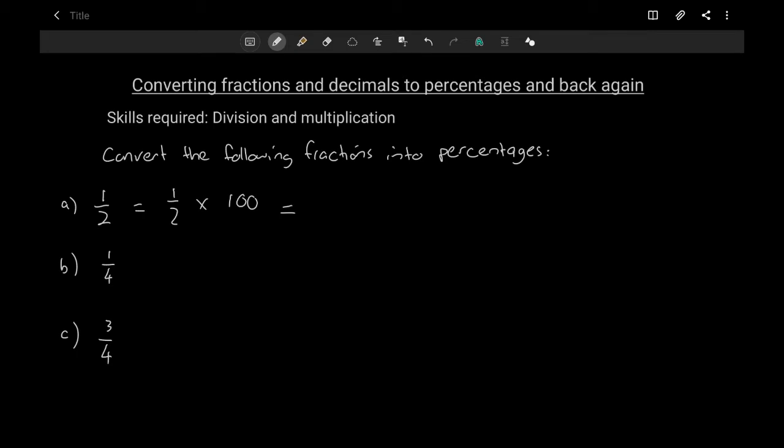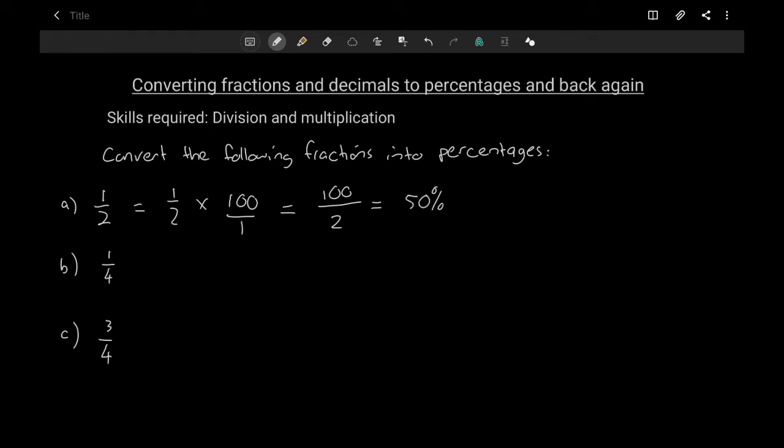And as you know, 100 can be written as 100 over 1. So when we multiply fractions, it's top times top over bottom times bottom. So top times top is 1 times 100, which is 100. And bottom times bottom, which is 2 times 1, the answer is 2. So now we have 100 over 2, which is 50%.